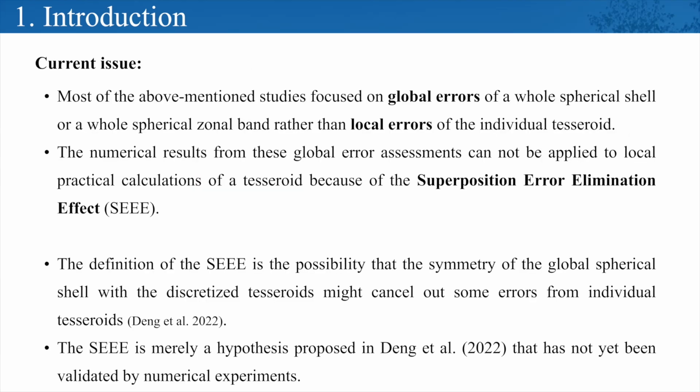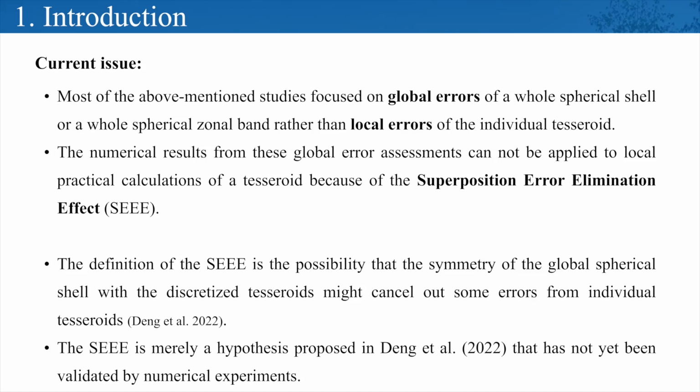The current issue is that most of the above-mentioned studies focus on global errors of a whole spherical shell or a whole spherical zonal band rather than local errors of the individual tesseroid. The numerical results or conclusions from those global error assessments cannot be applied for local practical calculations.